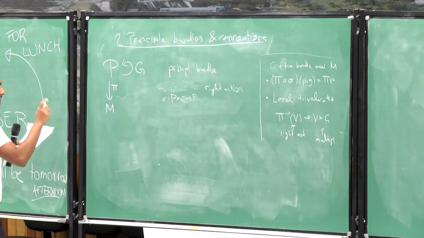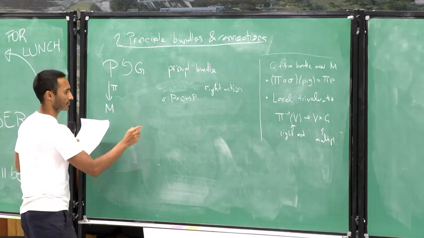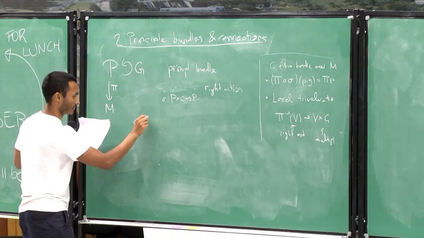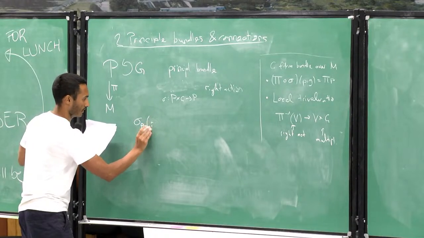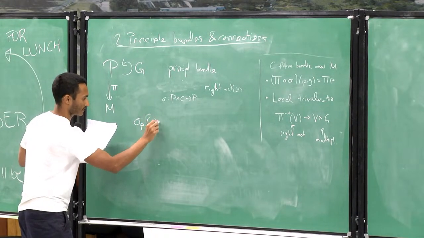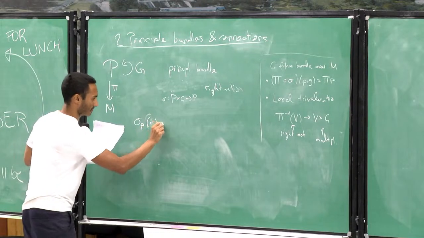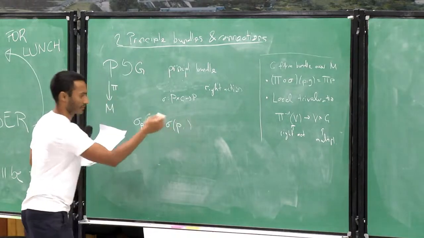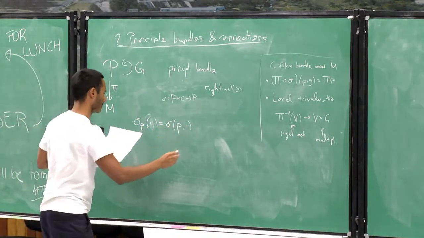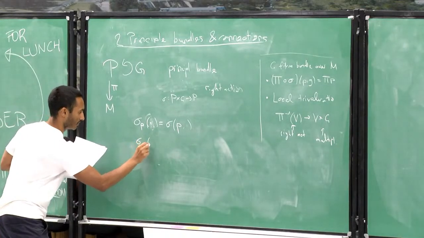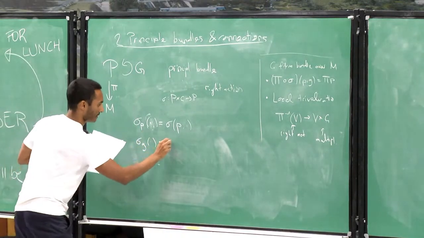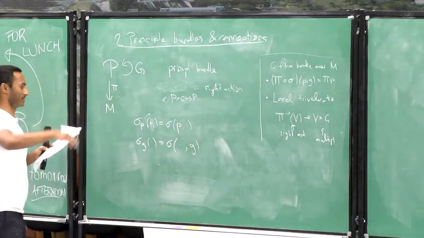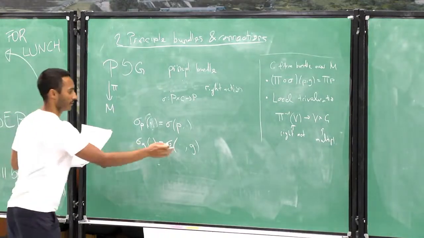Okay, so a last piece of notation for now is that it's useful to define sigma p as the map given by fixing p in the first slot of sigma and leaving the second slot open, and sigma G of dot is useful as well. That's the same thing, but this time we fix the element of G. So it's just the right action on the bundle.